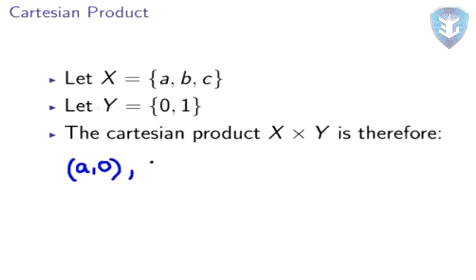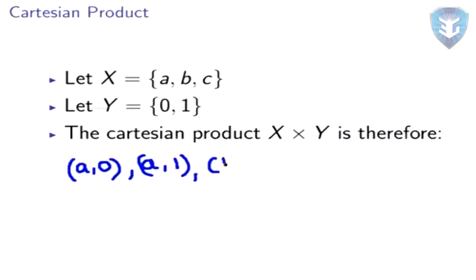The second one we're going to pick out is A and 1. So there's an element, the first element comes from set X and the second element comes from set Y of these ordered pairs. So we have to find all ordered pairs, and there are actually going to be 6.